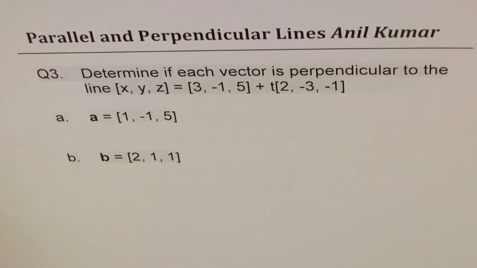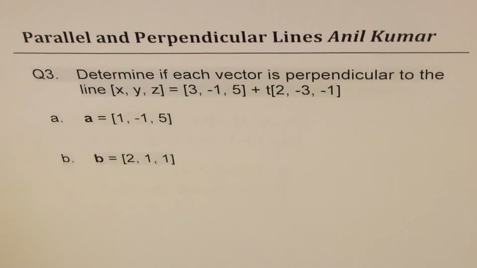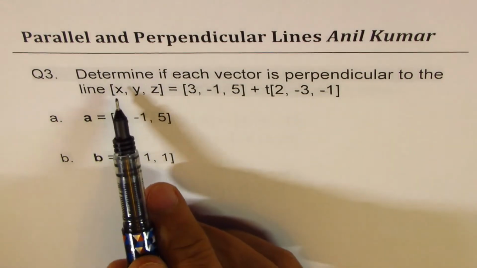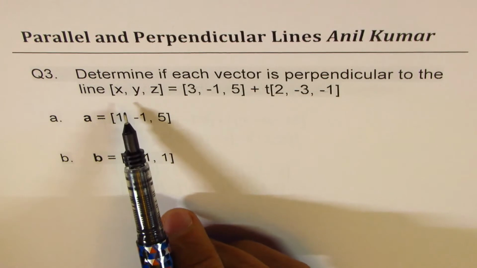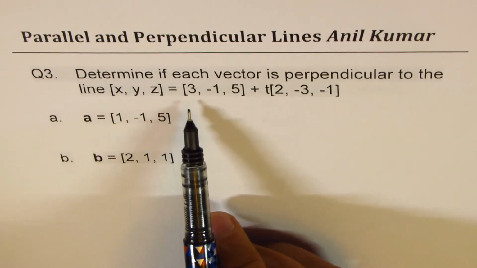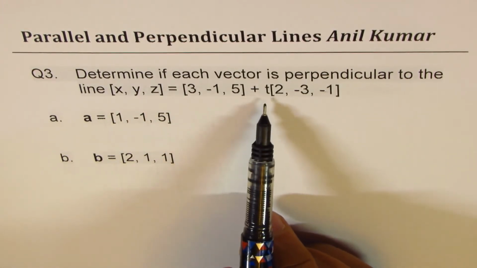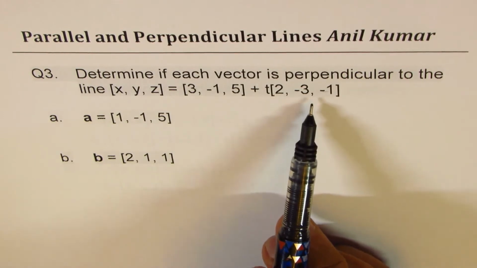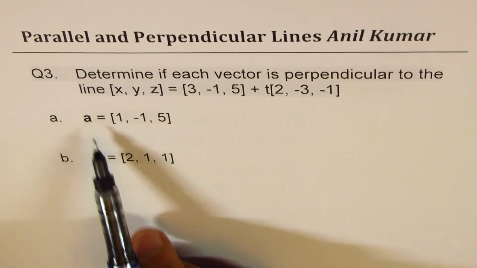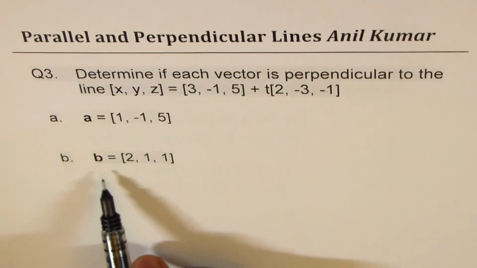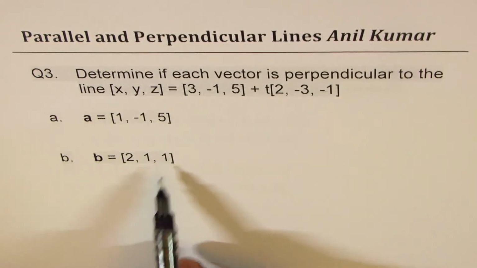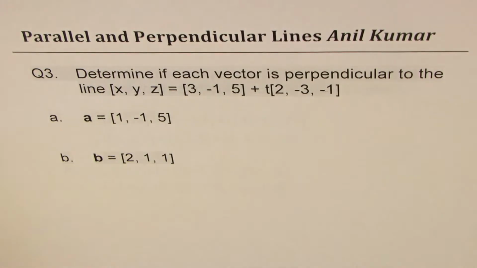So let's continue. Now in question number 3, you have to determine if each vector is perpendicular to the line (x, y, z) = (3, -1, 5) + t(2, -3, -1). So we have two vectors here, vector A is (1, -1, 5) and B is (2, 1, 1). You can always pause the video, answer the question, and then look into my suggestions.